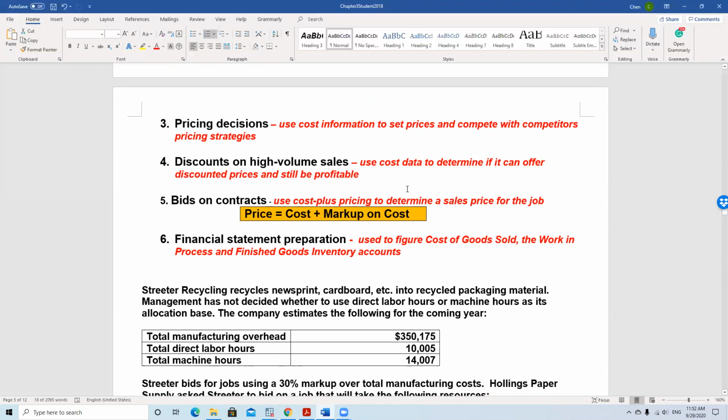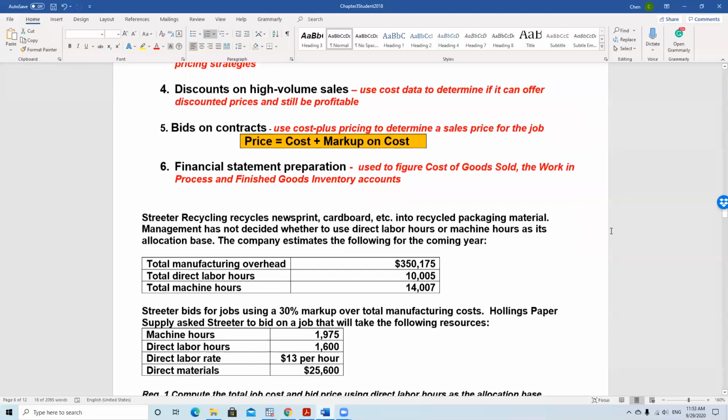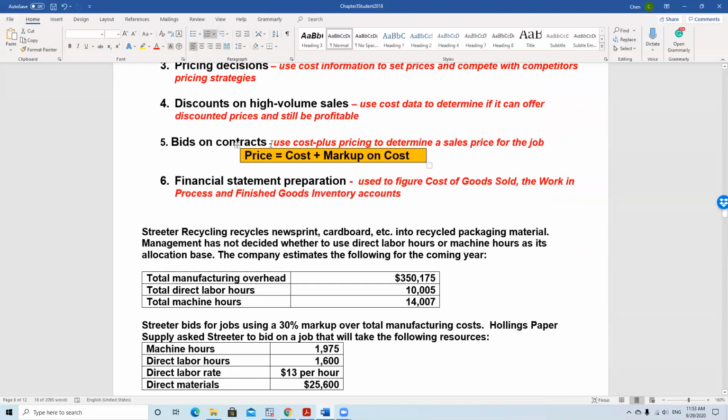Sometimes you will have an offer that they want a discount on some high volume products, and if you have this cost information, you can determine whether accepting this offer will be profitable for you. And also, based on contract, you can use cost plus a markup on cost and set up your price, as well as financial statement preparation.